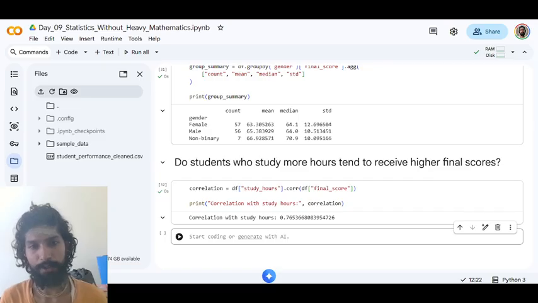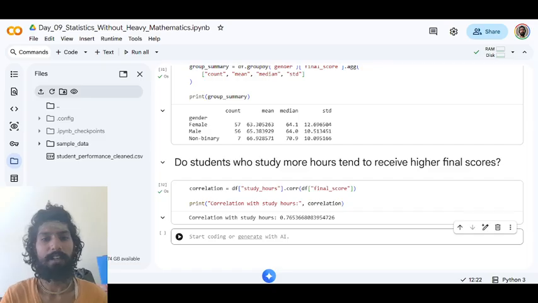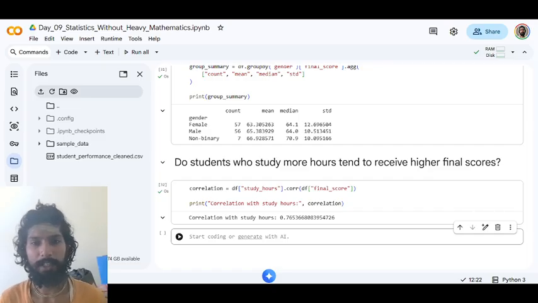A value close to +1 means a strong positive relationship. As one variable increases, the other also tends to increase. A value close to -1 means a strong negative relationship. As one value increases, the other tends to decrease. A value close to 0 means there is little linear relationship.